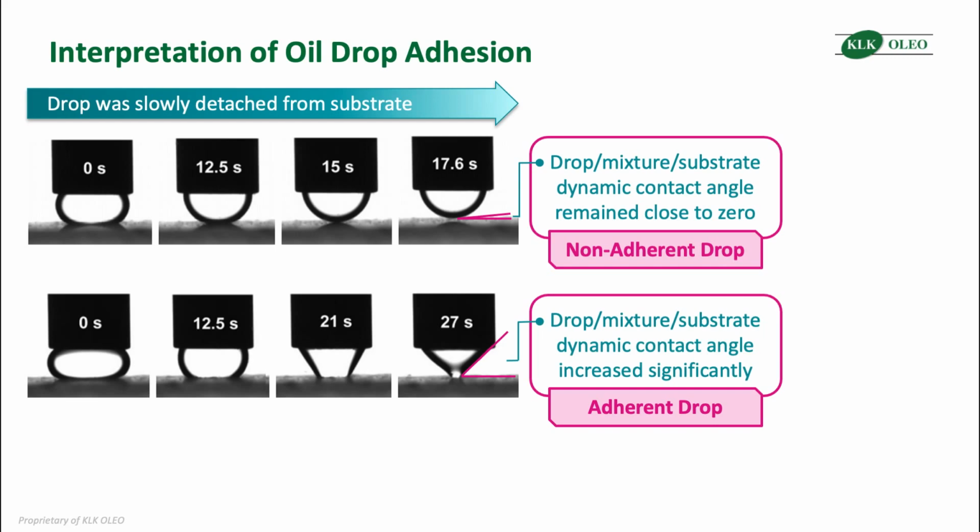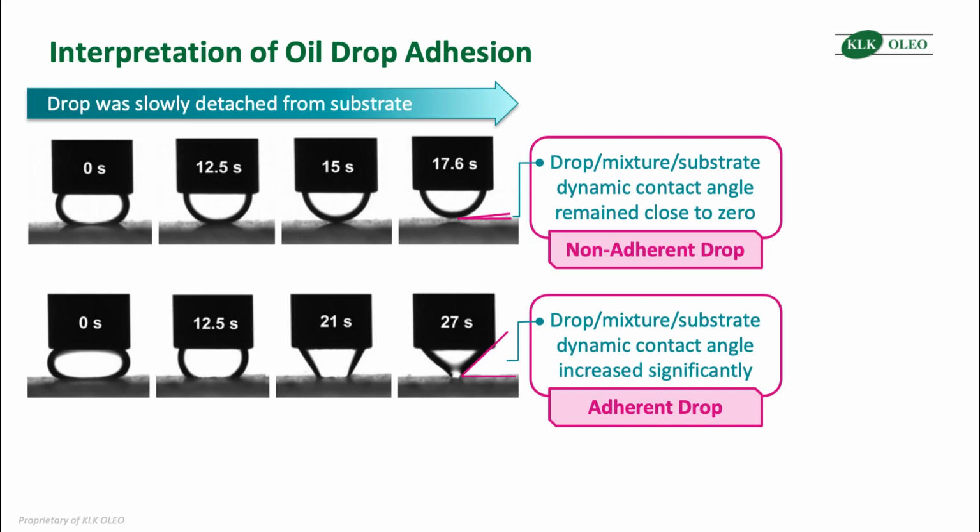At 0 seconds, the oil drop is still pressed against the substrate. We started the timer and slowly detached the oil drop from the substrate by reducing its volume. In the first set of pictures, the dynamic contact angle between the drop mixture and substrate remained close to zero during detachment.